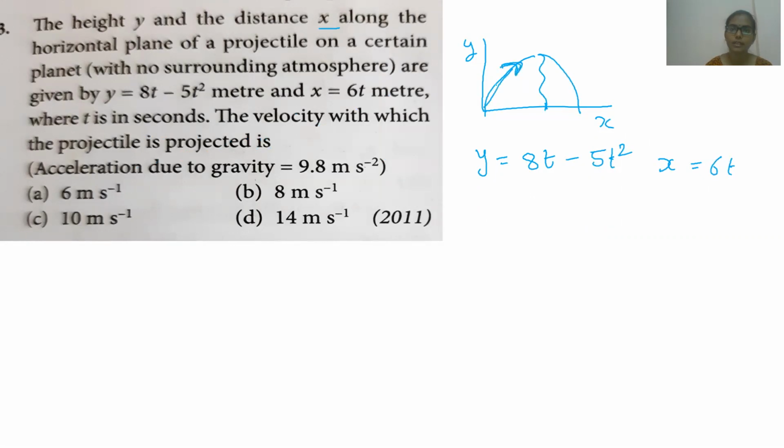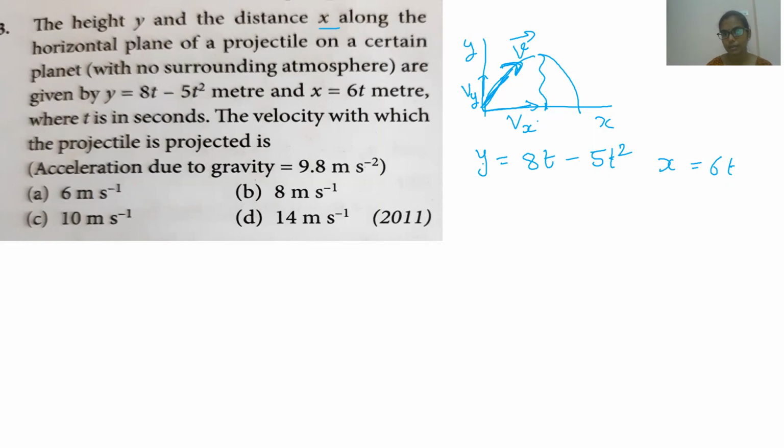To find the resultant velocity, first you need to know the velocity along the x-axis and the component of velocity along the y-axis. Because we can resolve a vector along the x-axis and y-axis. In case of motion in a plane, we need to know the resolution of vectors.